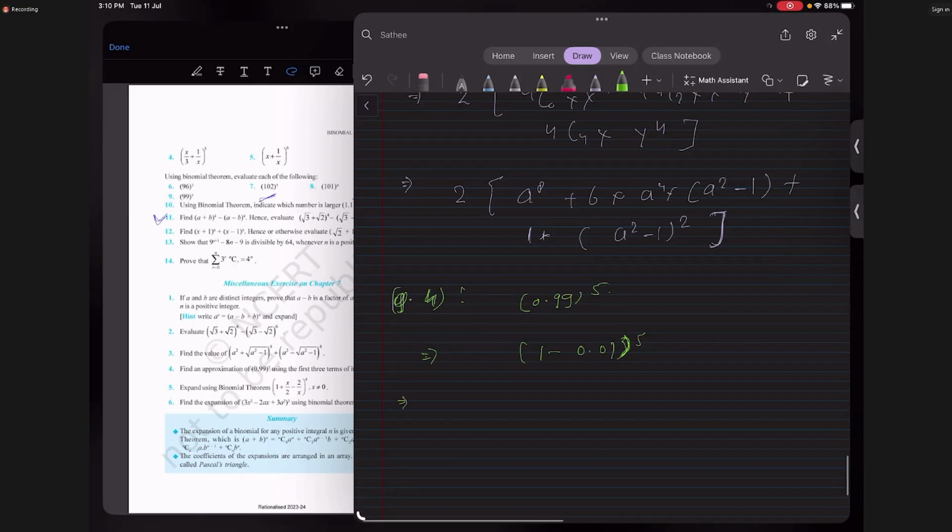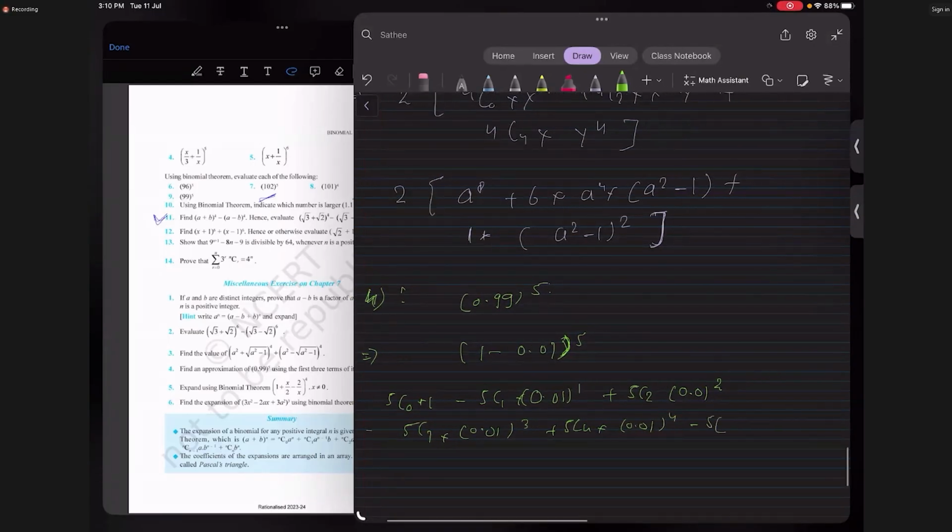And after expansion, you can write it as 5c0 into 1 minus 5c1 into 0.01 to the power 1 plus 5c2 into 0.01 whole square minus 5c3 into 0.01 to the power 3 plus 5c4 into 0.01 to the power 4 minus 5c5 into 0.01 to the power 5.